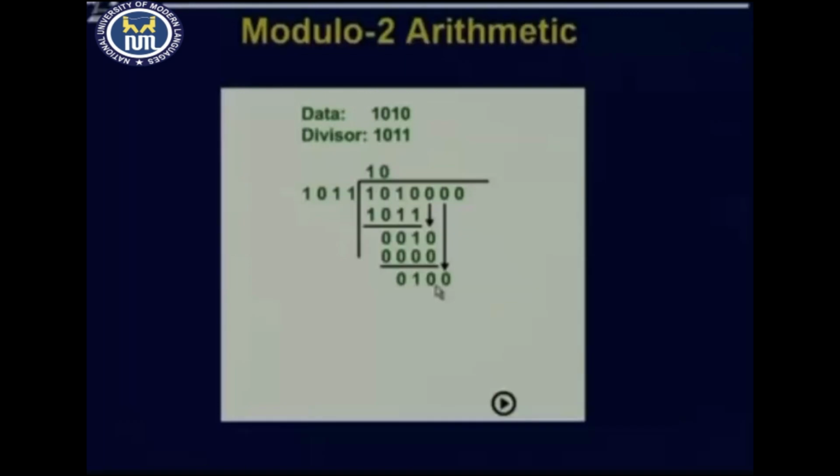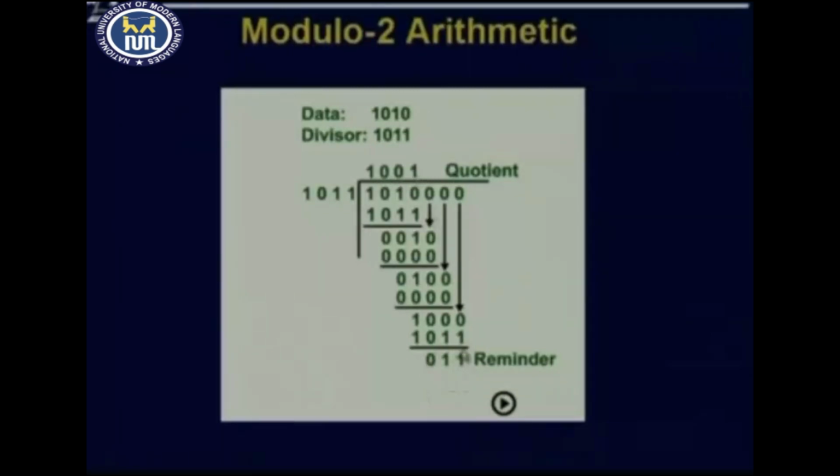The first bit is 0 again, so we add quotient 0. At the end we can see the 0 comes down as well, so we add 000 again. We do the exclusive OR and get the answer 100. Then the last 0 comes down here and the quotient is 1. 1011 comes down there, so 1 and 1 is 0, 0 and 0 is 0, 0 and 1 is 1, 0 and 1 is 1, and the remainder is 011.